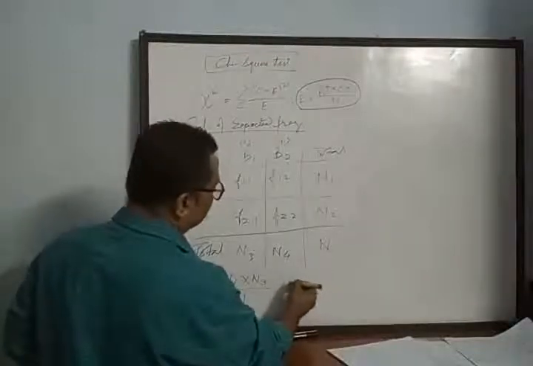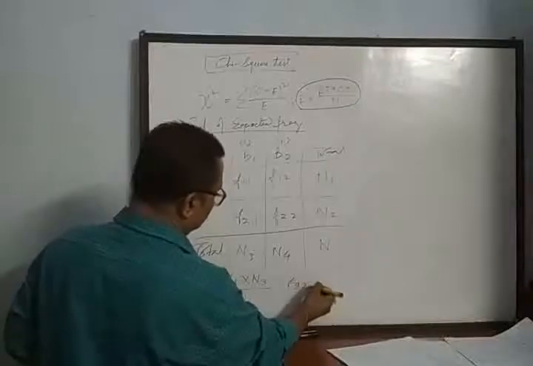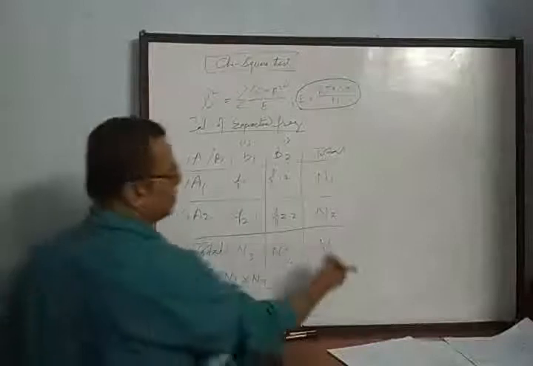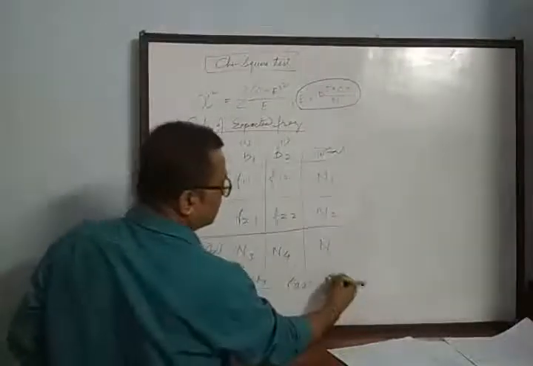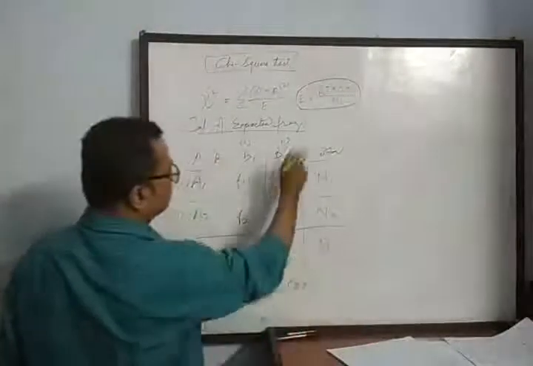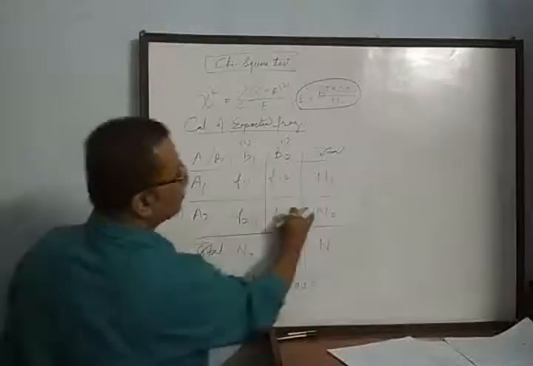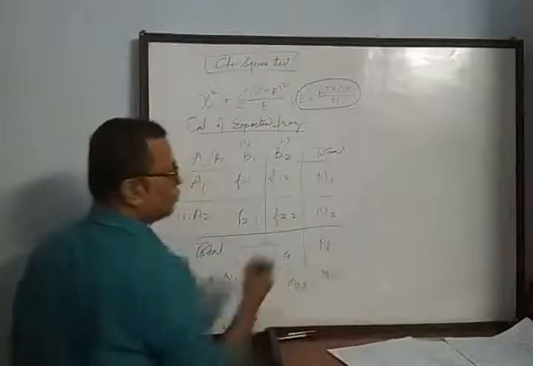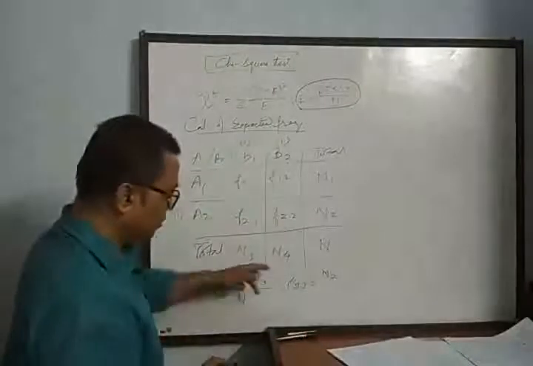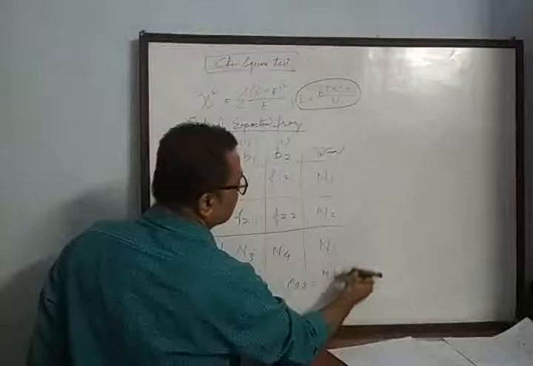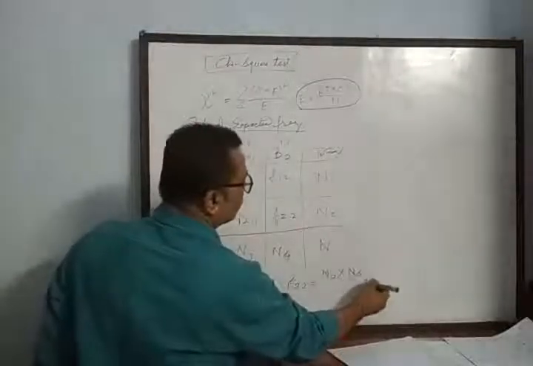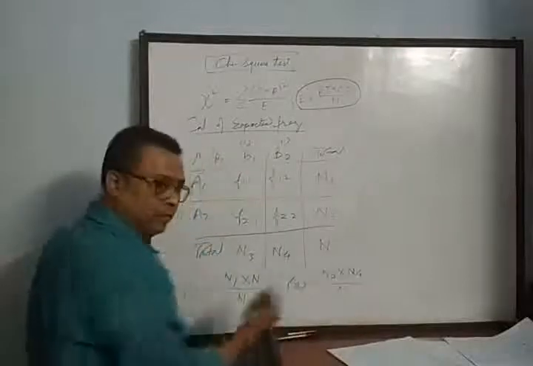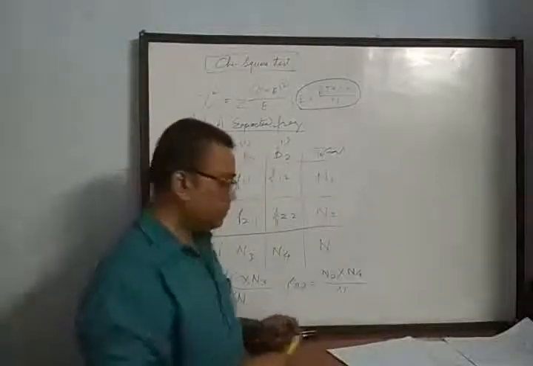For F22, our formula will be RT, meaning row total, that is N2, and column total, that is N4, divided by grand total, that is N. Clear?